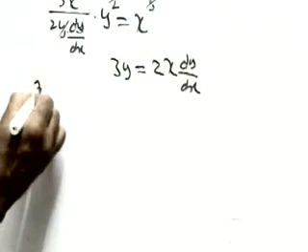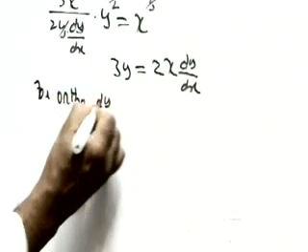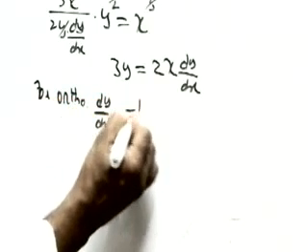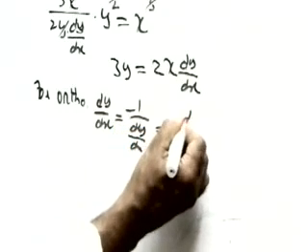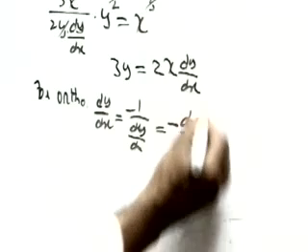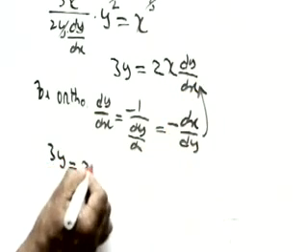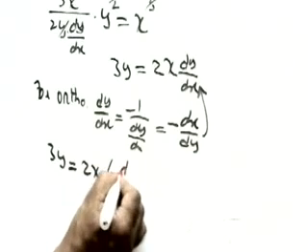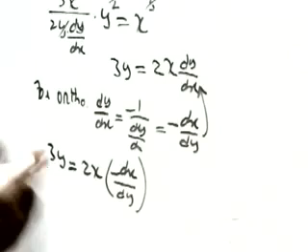Now in place of dy by dx we change for the orthogonal trajectory. What do we write? dy by dx equals minus 1 by dy by dx, or we can write minus dx by dy. Now let me change this one: 3y equals 2x into minus dx by dy.